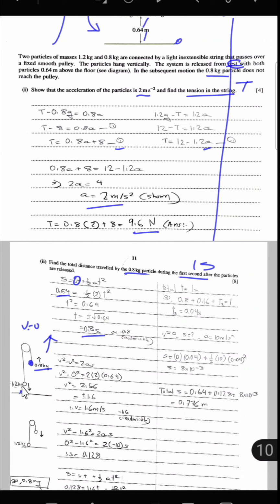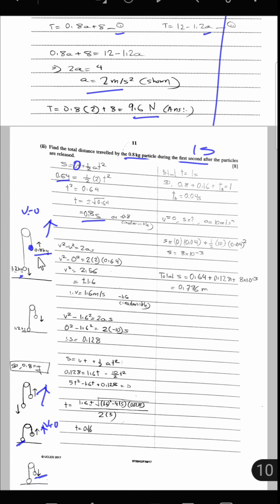So v square minus u square, since u is 0, is equal to 2as, where a is the 2 meter per second square we calculated earlier, and distance is 0.64 meter. We calculate this and find the velocity at which the 1.2 kg particle reaches the ground is 1.6 meter per second. That means when the 1.2 kg particle reaches the ground, the 0.8 kg particle would also have a speed of 1.6 meter per second.